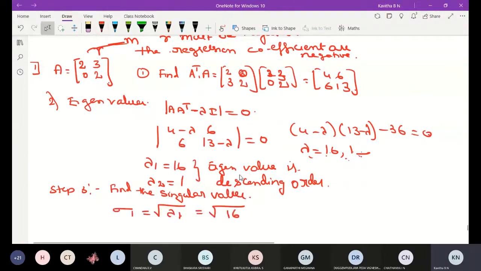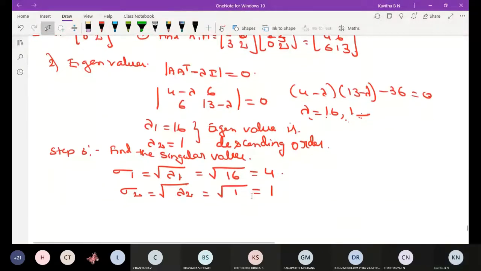This is nothing but root of 16, which is 4. Then sigma 2 is equal to square root of lambda 2, means square root of 1, nothing but 1. Then sigma 1 is equal to 4, sigma 2 is equal to 1. These are the singular values.